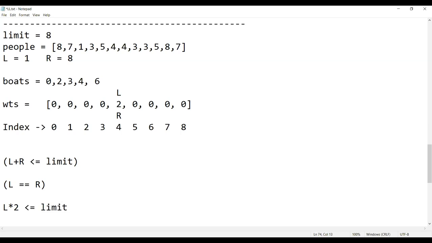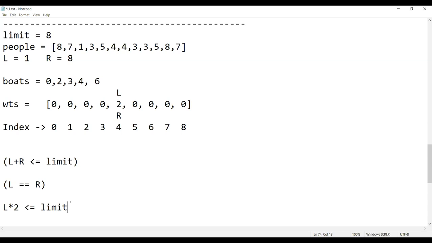It means whatever the people are, the capacity of the boat is 2, right? So if it is less than or equal to 2, then I can divide these numbers and then take that number of boats. But I have to handle the odd and even condition over here.